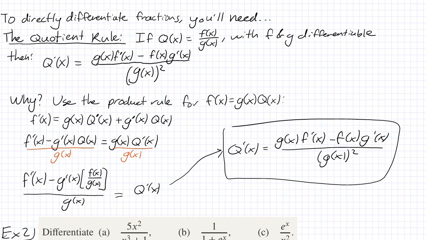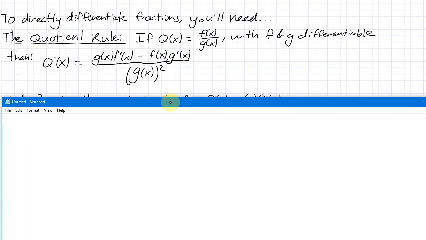So the quotient rule says if your function is the quotient of two functions, f of x divided by g of x, and they're each differentiable, then the derivative of the quotient is this big mess right here. g of x times f prime of x minus f of x times g prime of x, divided by g of x squared.